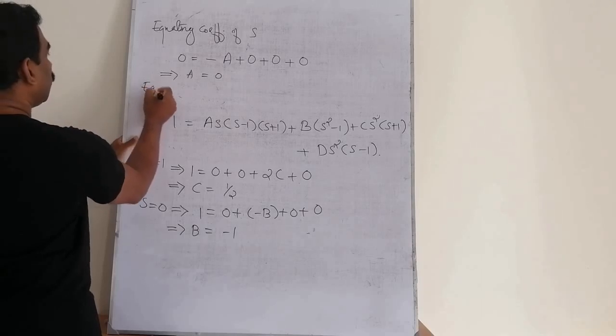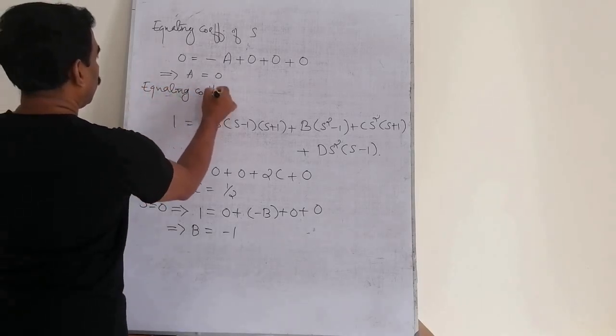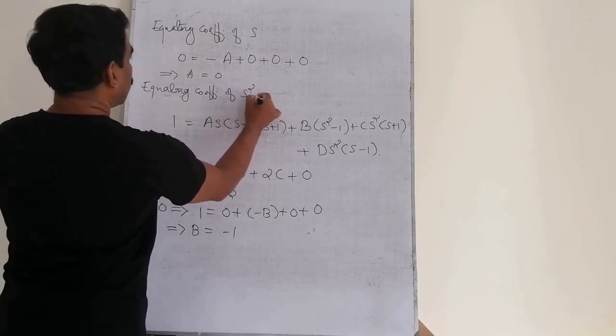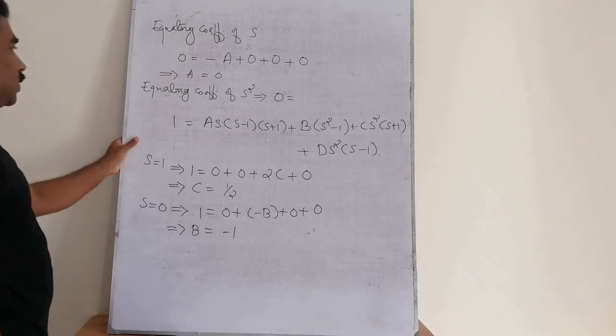And equating coefficients of s square on both sides, the left side has no s square, so that is 0.